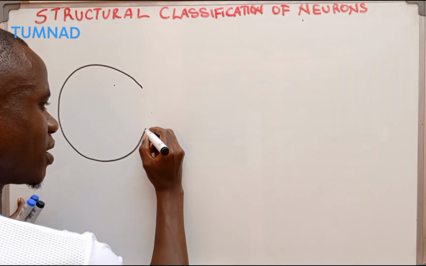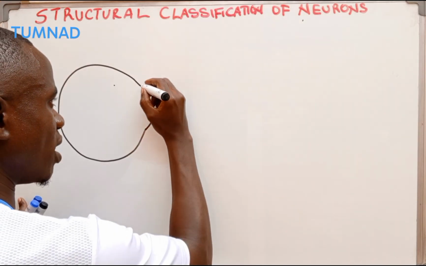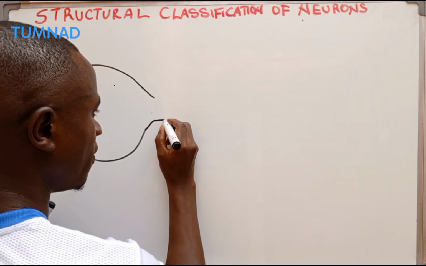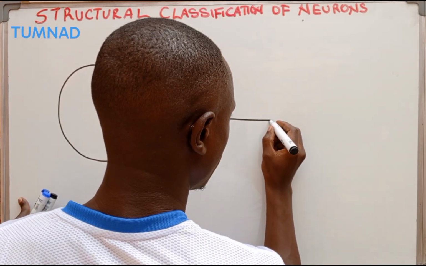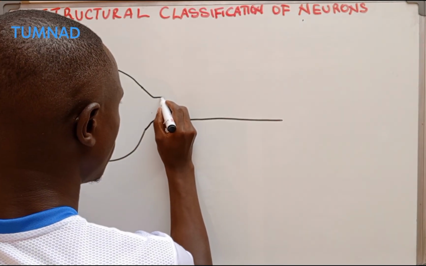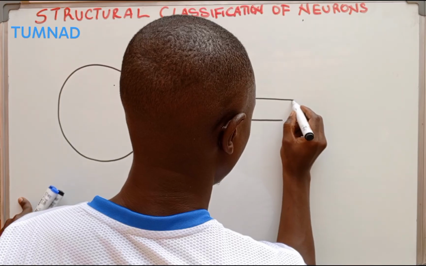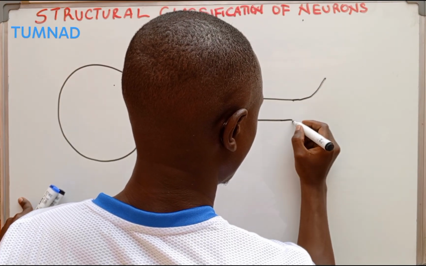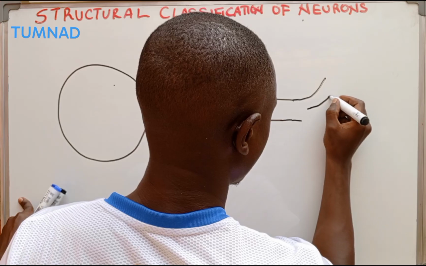And of course, the cell body is now starting to narrow down. Then from narrowing it down, you're going to have this extension from the cell body, which we call the axon. And then finally, we shall have what we call the axon terminal.